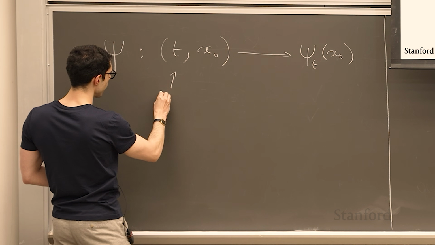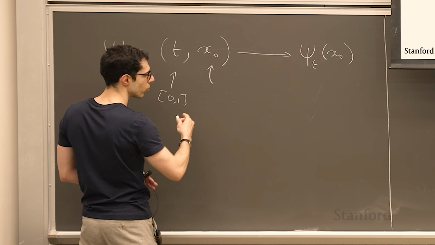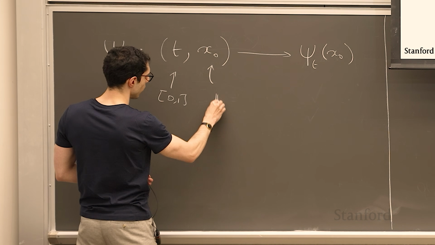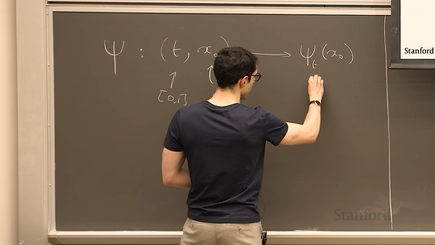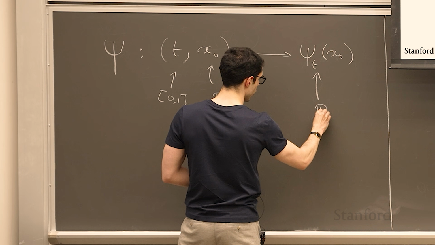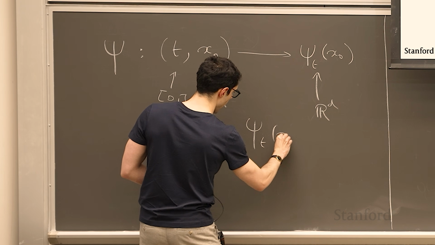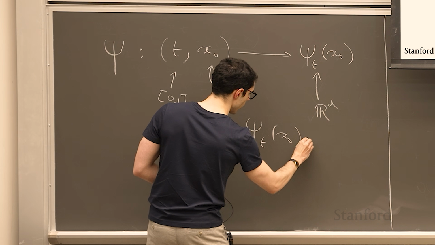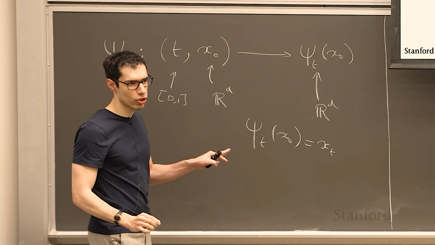So this is the time, so belongs to [0, 1]. This one is to your space, which is maybe, I don't know, d-dimensional. And this one is also in the d-dimensional space. And you have psi of t of x0, which is equal to your point at time t, which is x of t.